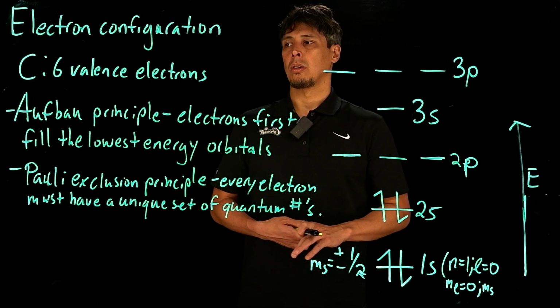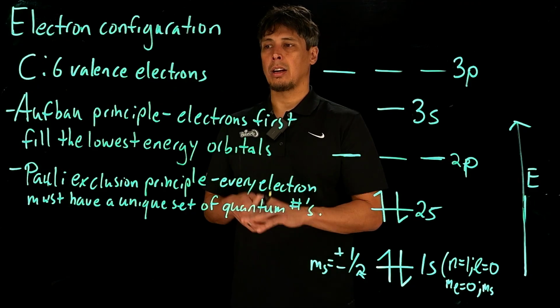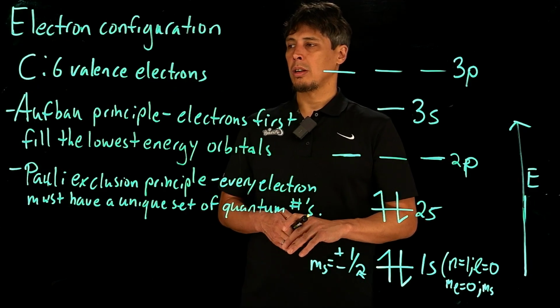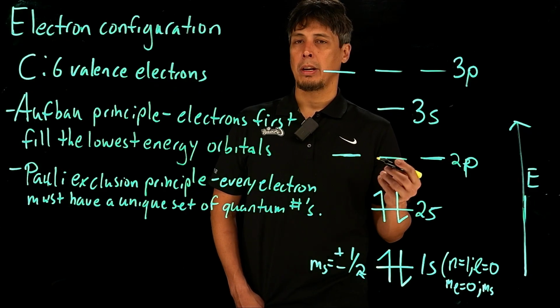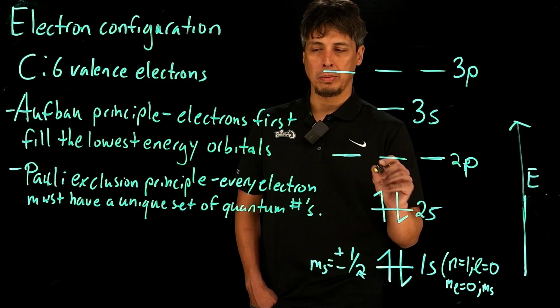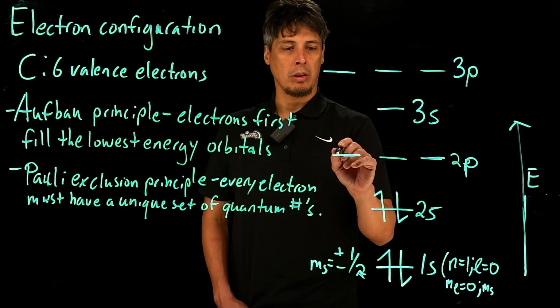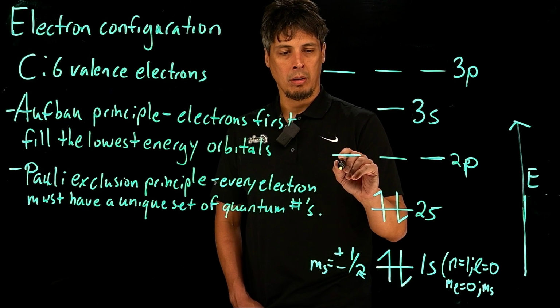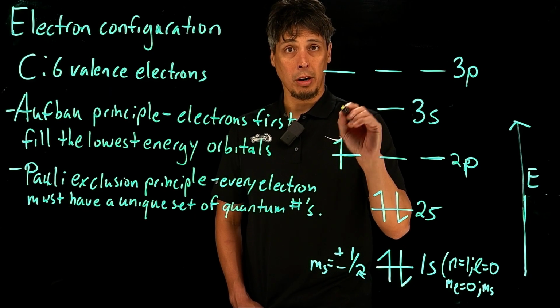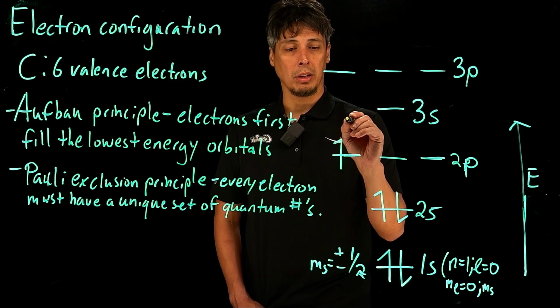So again, now we return to the Aufbau principle. The electrons must fill the lowest remaining energy orbital. That's going to be the 2p orbital. Now, here it seems pretty simple, but the problem is there are several arrangements of how we could put the electrons.